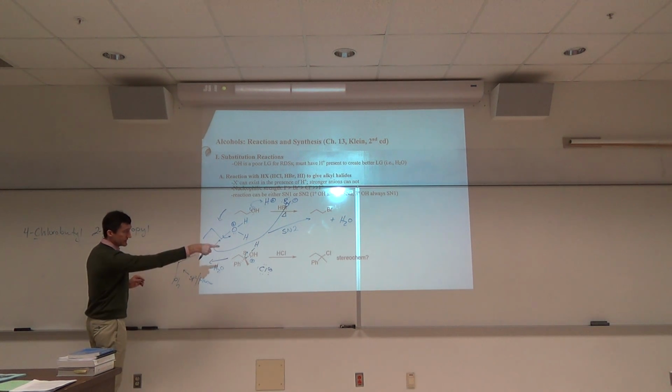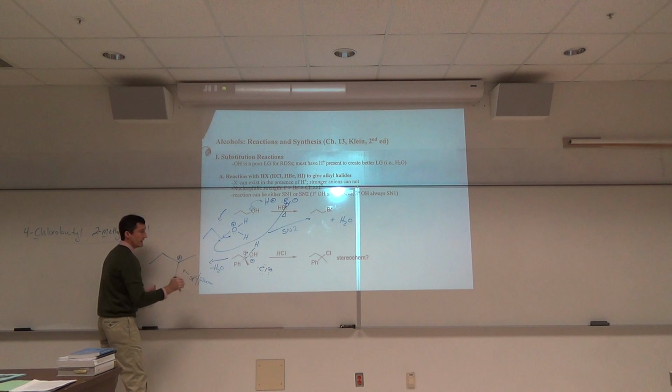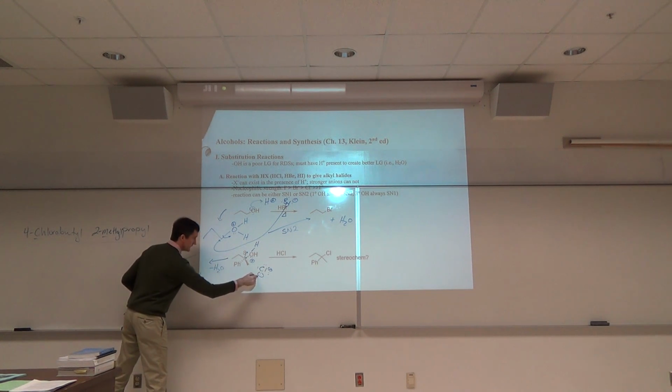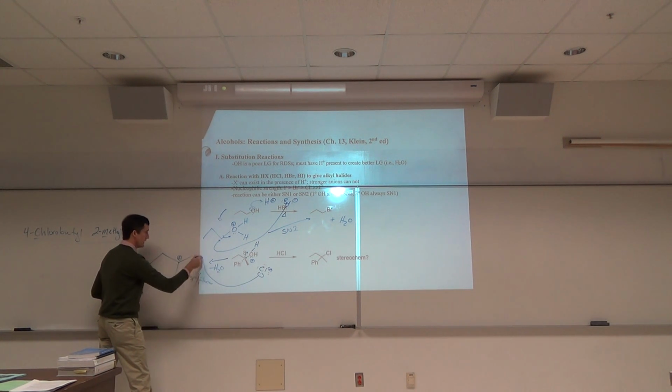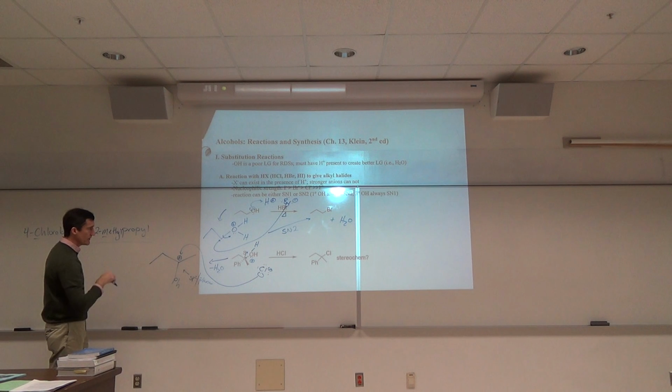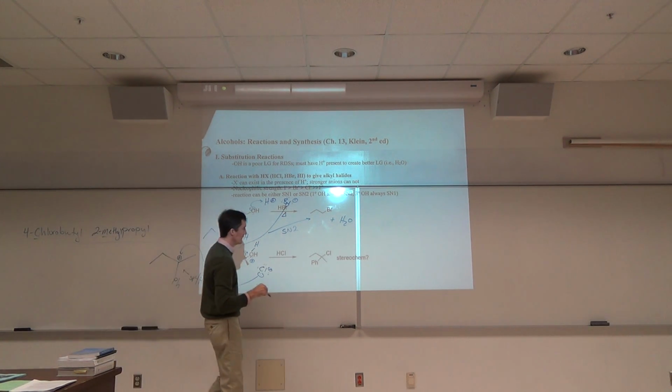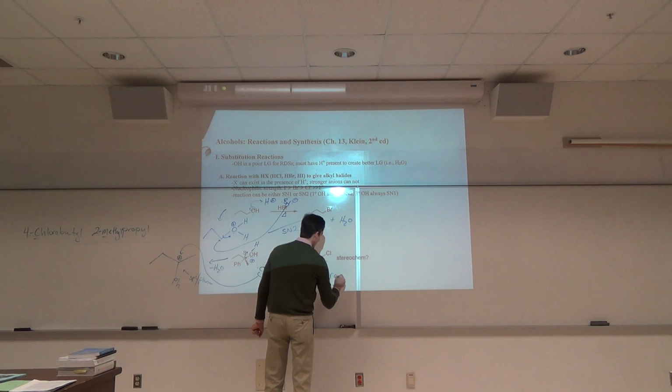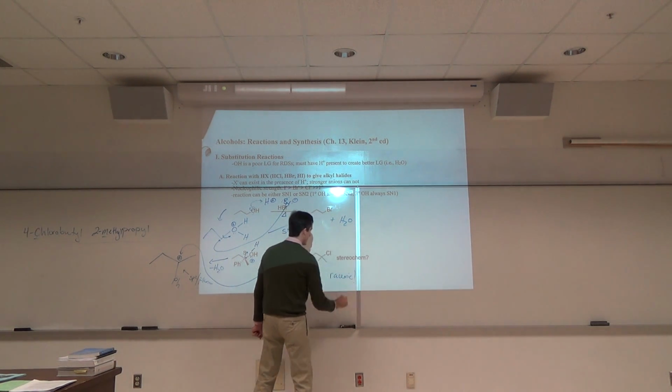Okay, can we get the final product from here? Yes. Now the chlorine does what? These electrons both attack the carbocation, and that's going to give that product. But what type of stereochemistry? Racemic.